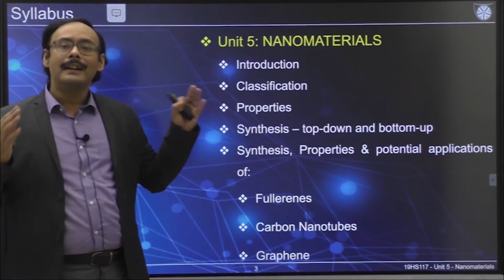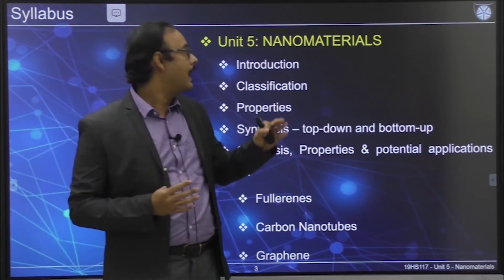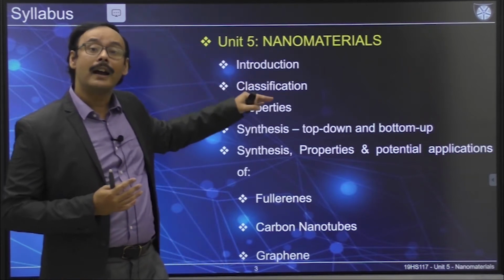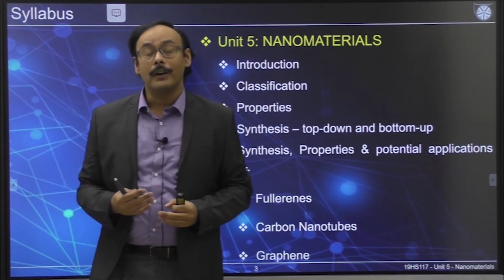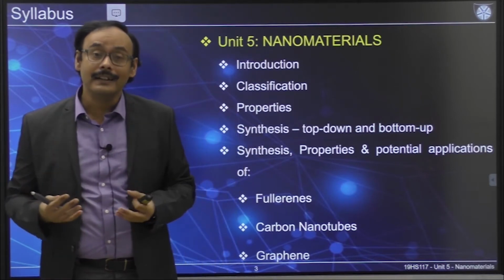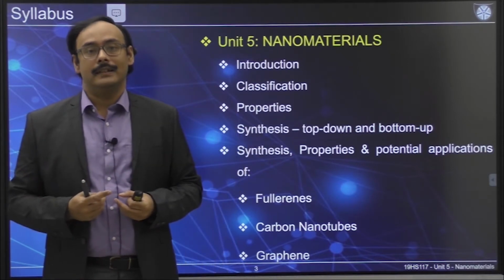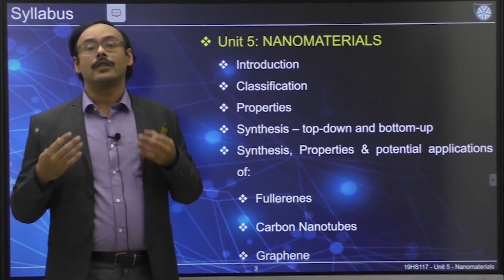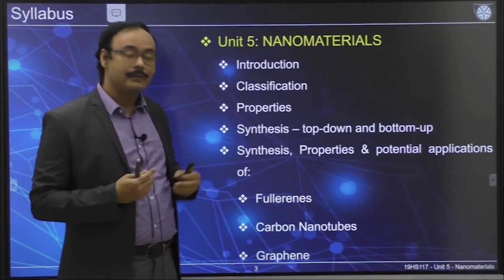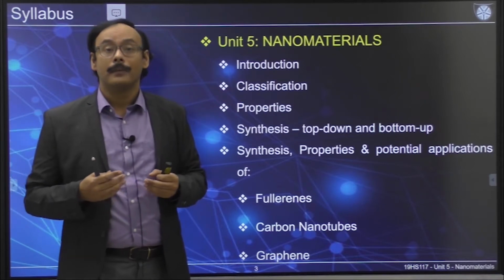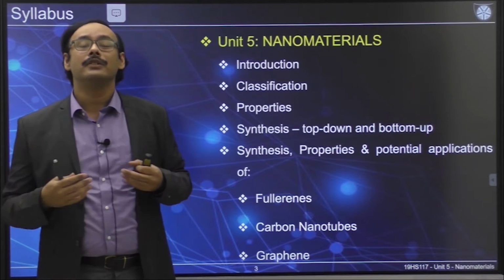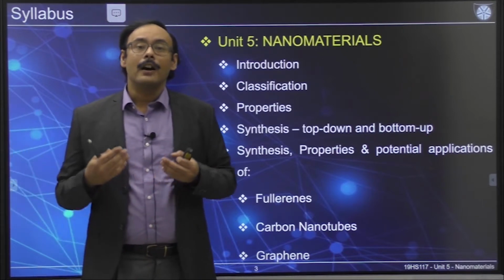Once we build up this foundation, with introduction, classification, and properties, where we are going to discuss more about why nanomaterials are different from their bulk material, that is what is going to be taught under the heading of properties. After that, when we come to the synthesis, that is going to give you some idea about how to synthesize.